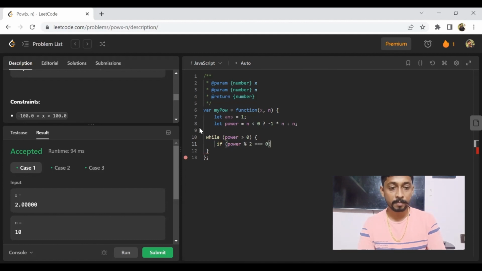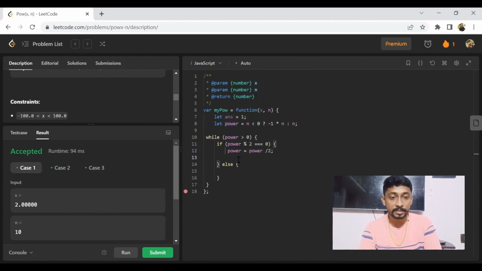In that case, my power is even. If my power is even, divide my power by 2, as well as update x equal to x multiplied by x.